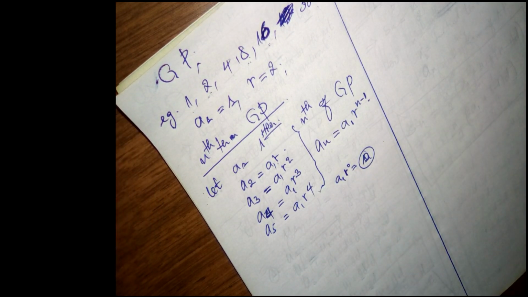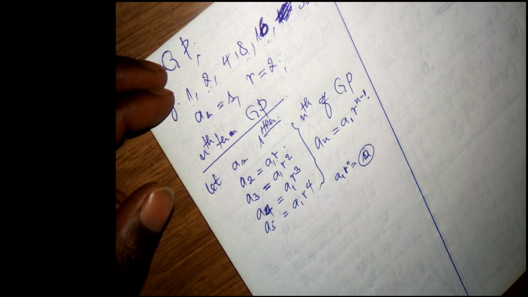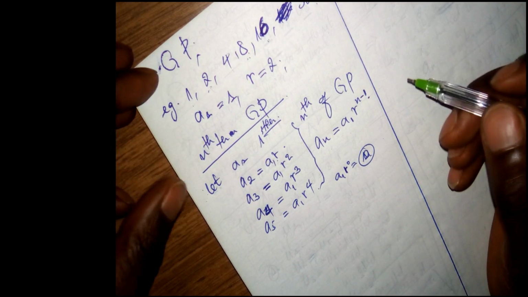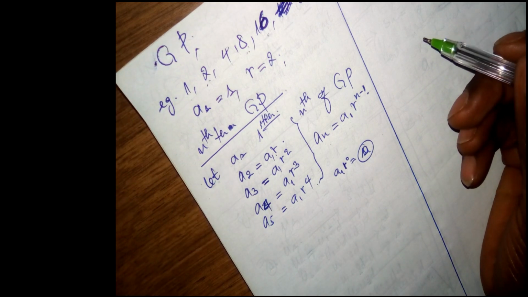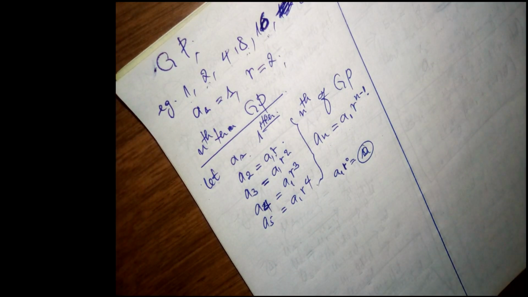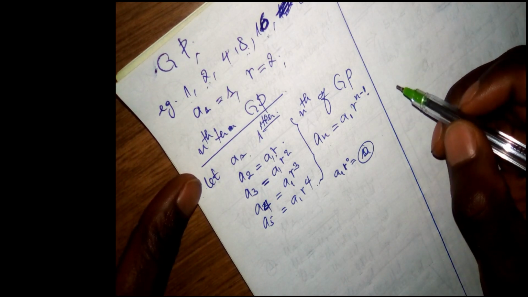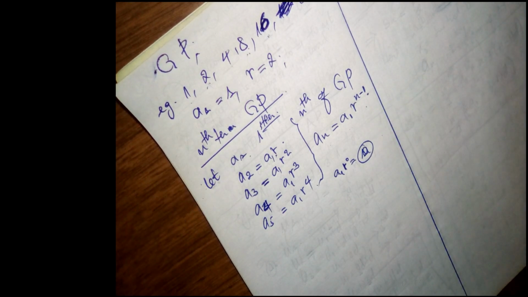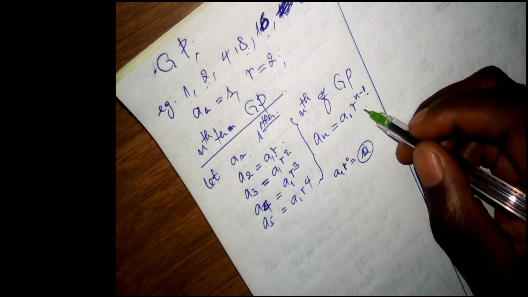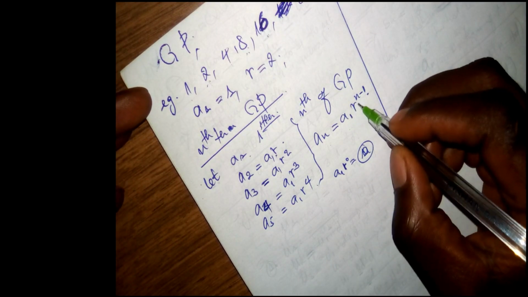This is because at the first term we have no ratio. At the second term we have r power 1, so the exponent differs by only 1.